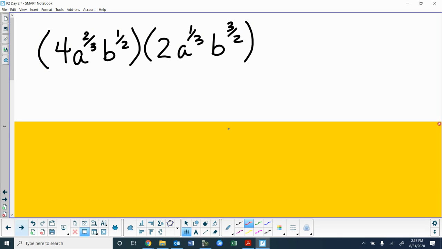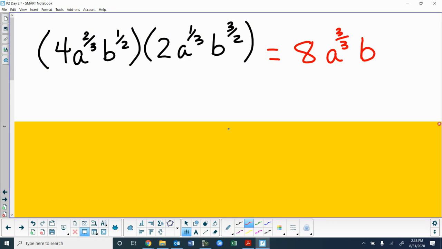So this first one, we want to just multiply the two monomials, and we'll just multiply the 4 times 2, the coefficients, and get 8. And then just like yesterday, we're going to add the exponents for the variables, which are the bases. So we've got a and b. We're going to add the 2/3 and the 1/3 for a, which is 3/3.